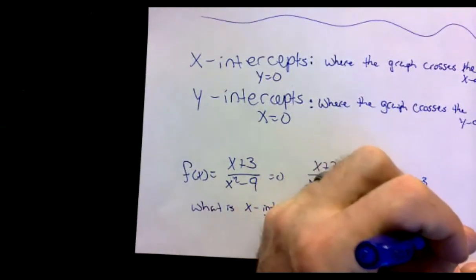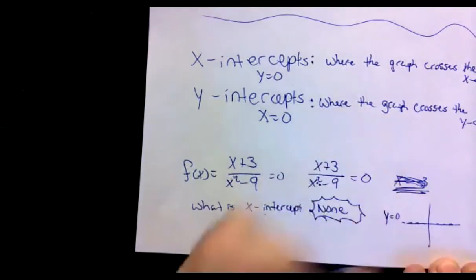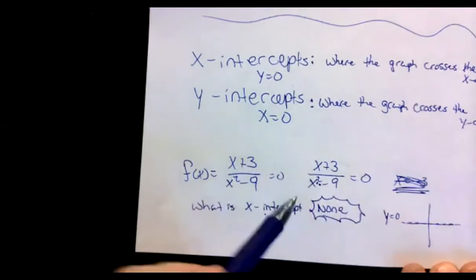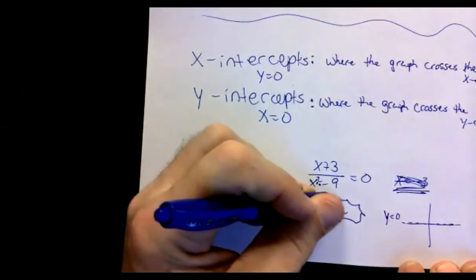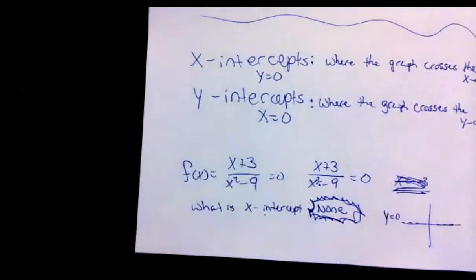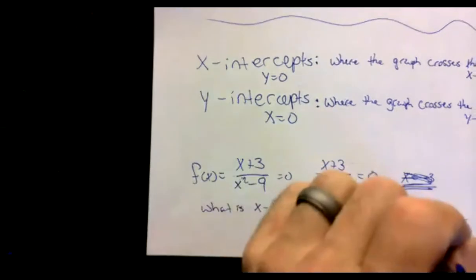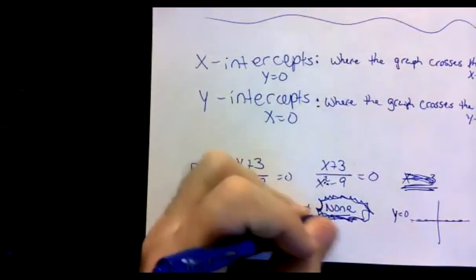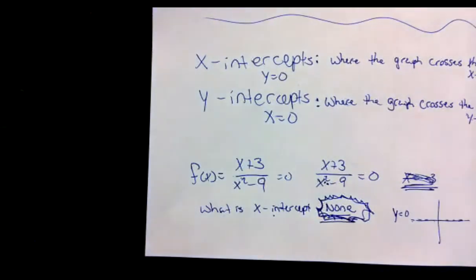So if my horizontal asymptote is on the x-axis, I'm never going to cross it. If I never cross the x-axis, I never have an x-intercept. So if your horizontal asymptote is on y equals 0, you have no x-intercept.